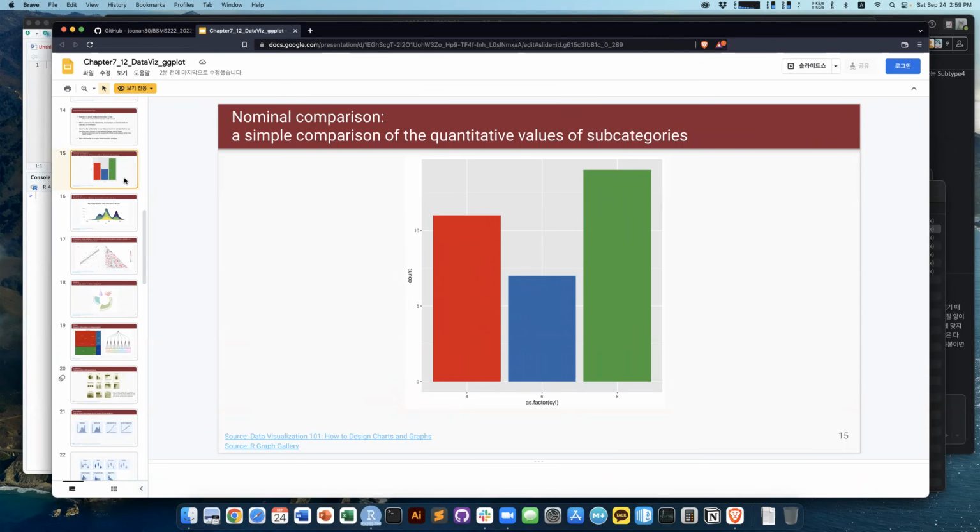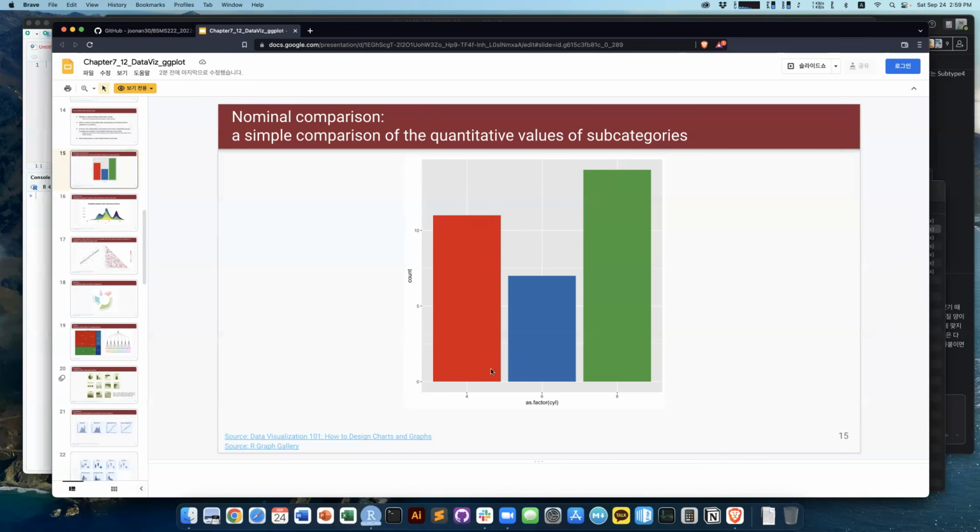One of the easiest things you can choose is the nominal comparison. This means it is a simple comparison of the quantitative values of subcategories. Let's say you have different groups like the cylinder groups 4, 6, and 8, then you can plot how many items or entries belong to each group.